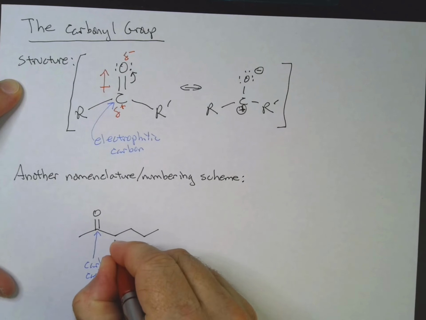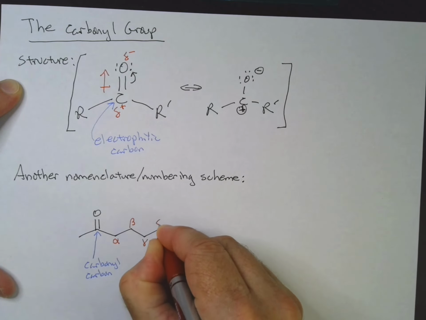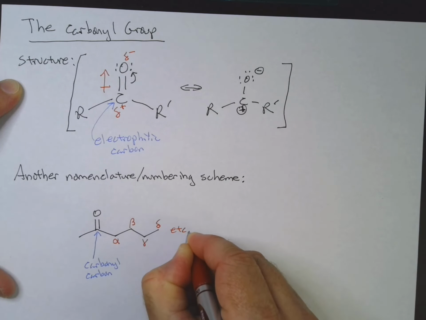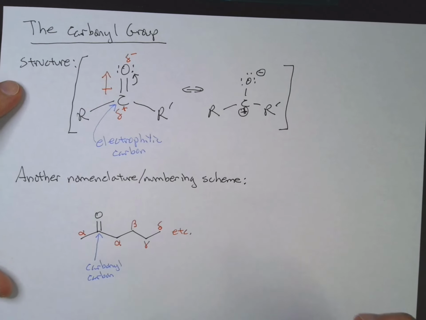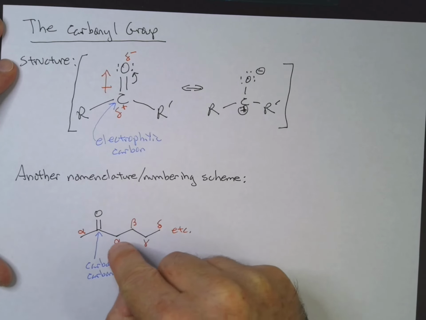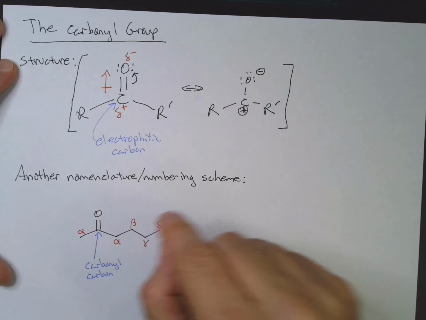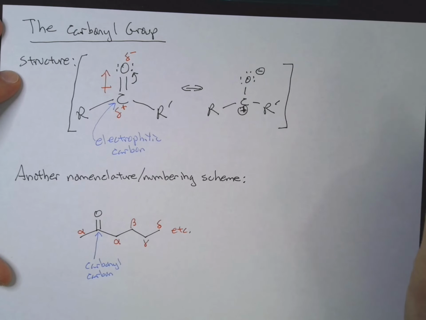So I could call these, first carbon over is the alpha carbon, beta carbon, gamma carbon, delta carbon, etc. On this side I just have one, so that's an alpha carbon. So you'll actually see this. We'll refer to this terminology later on in future chapters. We'll look at reactions of carbonyls at the alpha carbon. And we'll look at alpha beta unsaturated carbonyls and things like that.